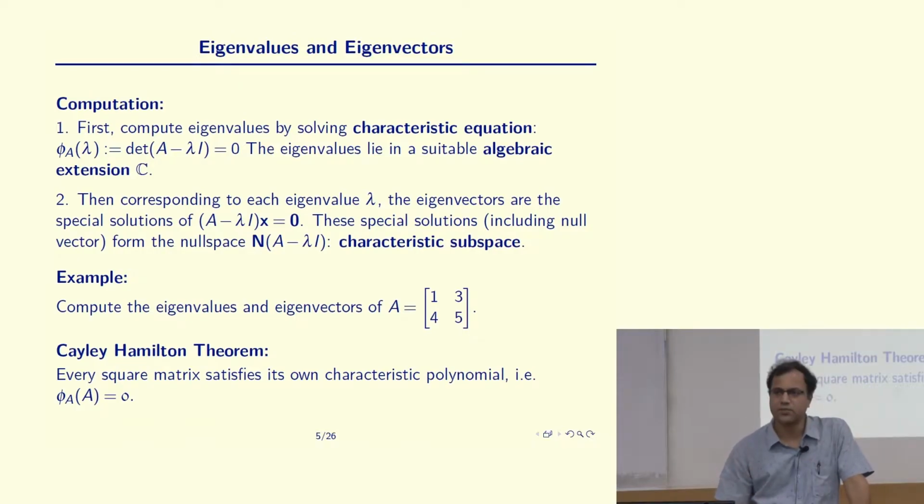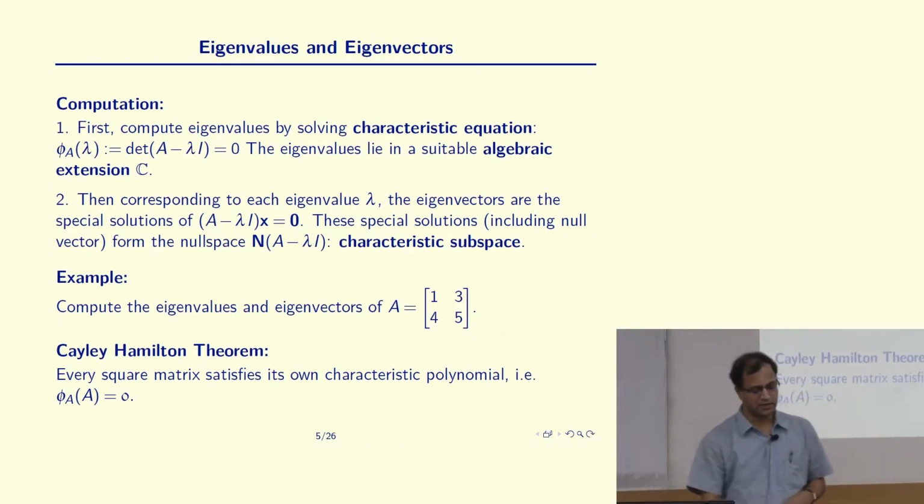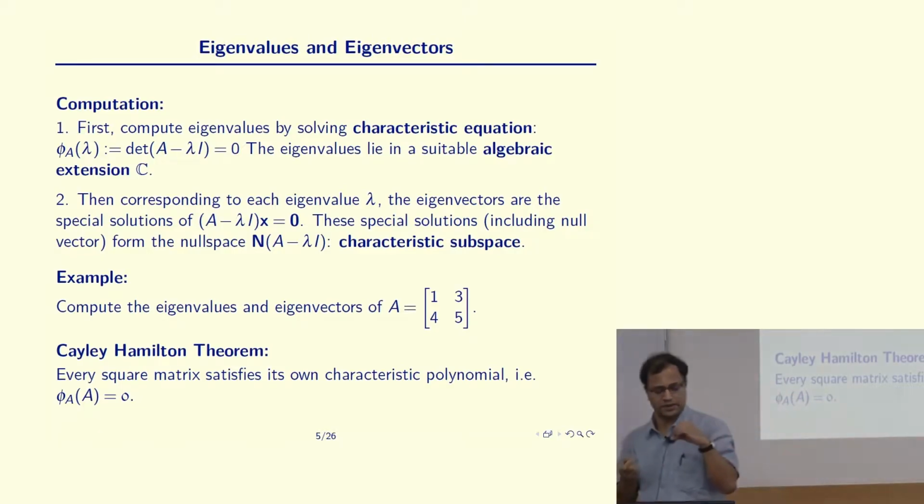The second step is that we compute the eigenvector by putting the values of lambda in this equation. Corresponding to each lambda, we are solving this system of homogeneous equations to find x. What are we actually computing here?